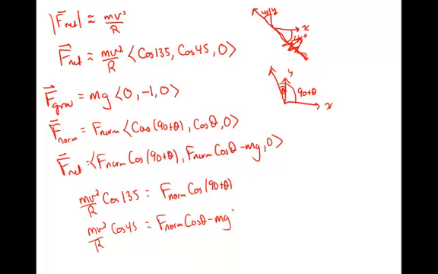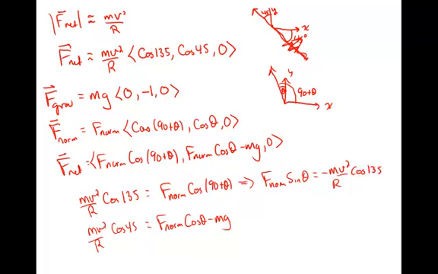One thing I'm going to do is get f norm and either cosine or sine on one side of the equation by itself. So this equation, when I make that substitution for minus sine, I get that f norm sine theta is equal to minus mv squared over r cos 135.